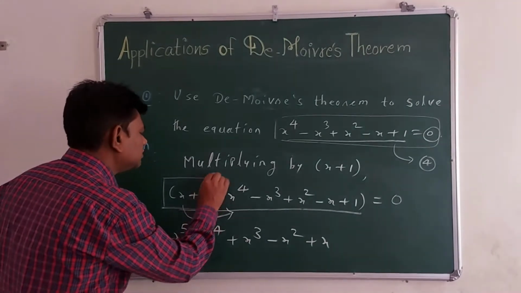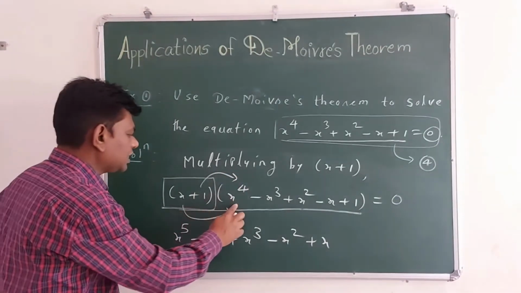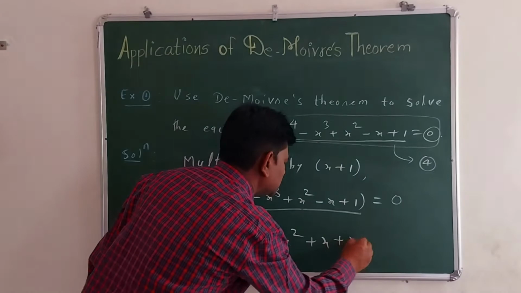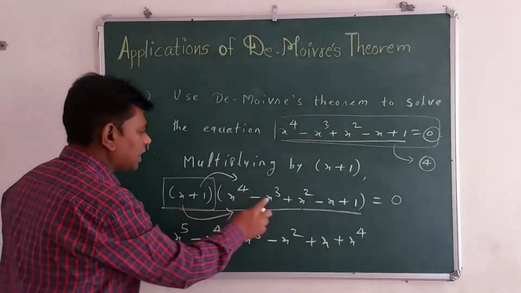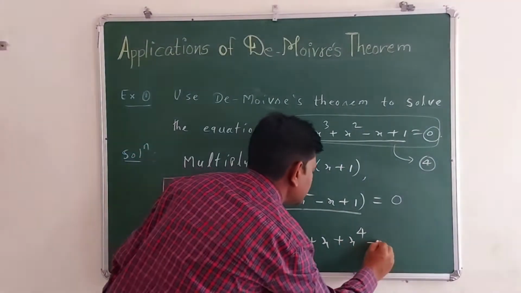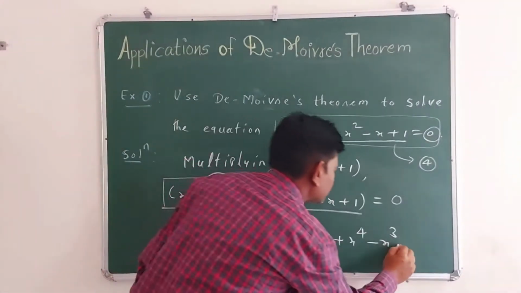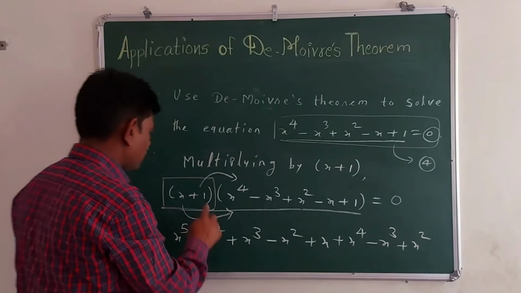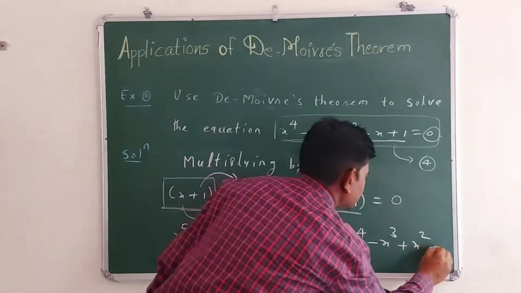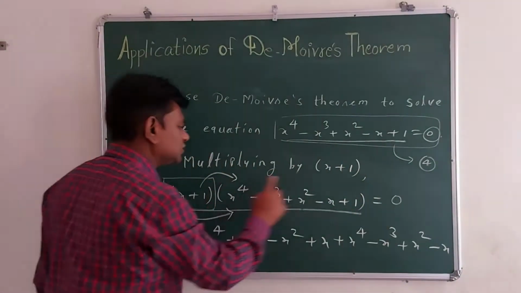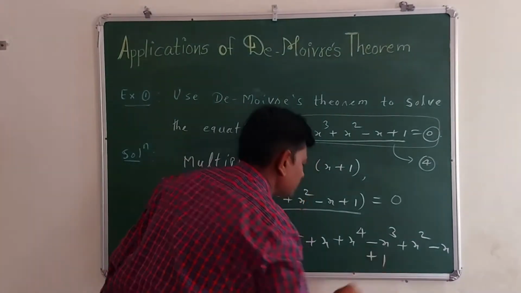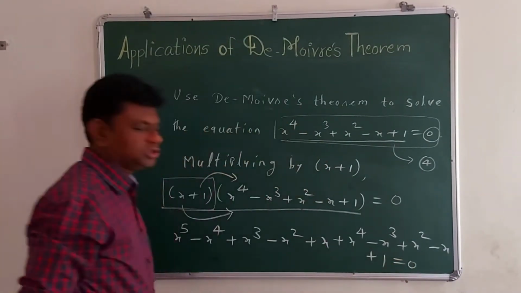Now 1 times this whole bracket. The 1 times x to the power 4 is x to the power 4. Now 1 times minus x cube, answer is minus x cube, plus 1 times this x square, answer is plus x square. Now 1 times this minus x, answer is minus x, plus 1 times plus 1, answer is plus 1, and this is equal to 0.